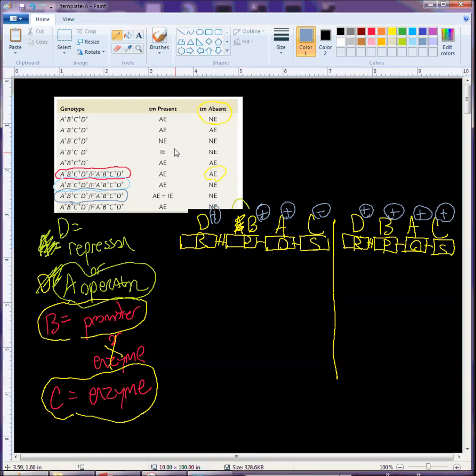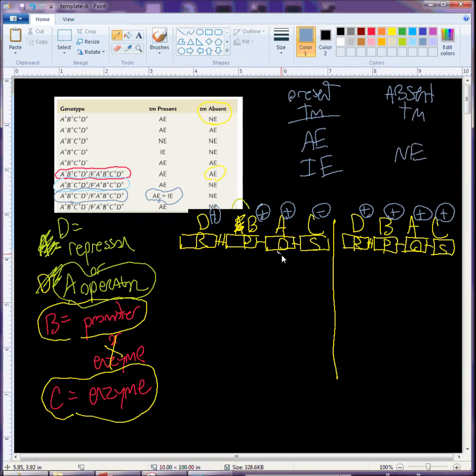Okay, so when the theoretical molecule is present, whoa, we have something weird going on here. Interesting. Okay, theoretical molecule is present. We get active enzyme and inactive enzyme. Okay, theoretical molecule is absent. We get no enzyme. Okay, does this make sense?